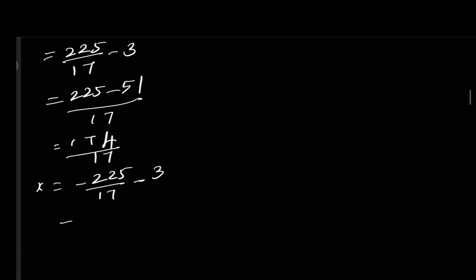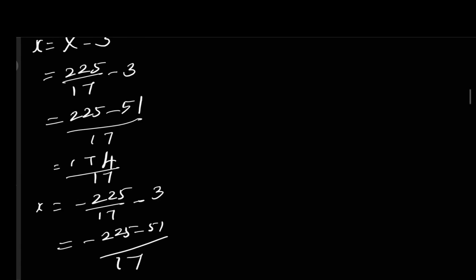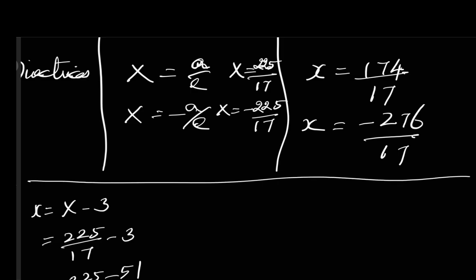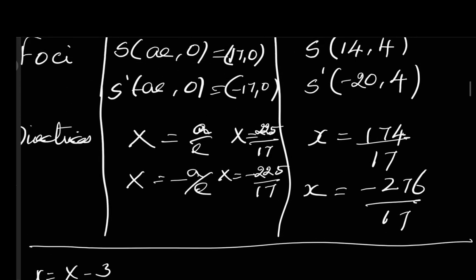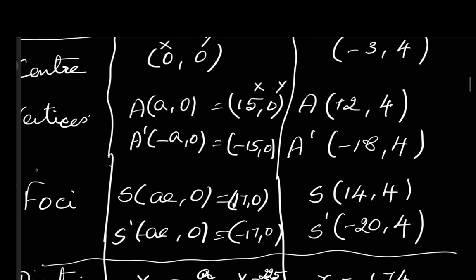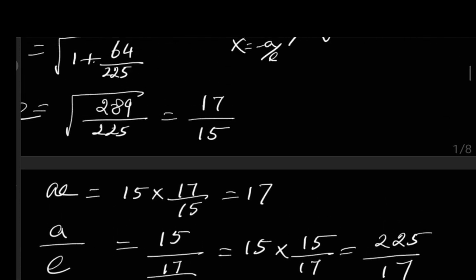So you will get minus 225 minus 51 by 17, that is, if you add, you will get minus 276 by 17. So these are the two directrices for you. Center, vertices, foci and directrices. See, I hope you understand this.